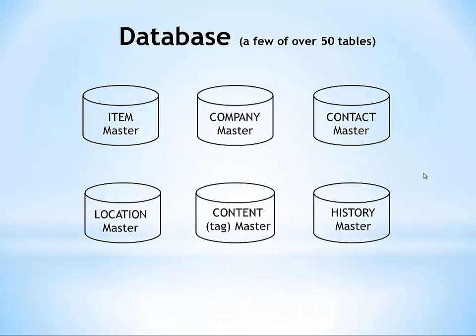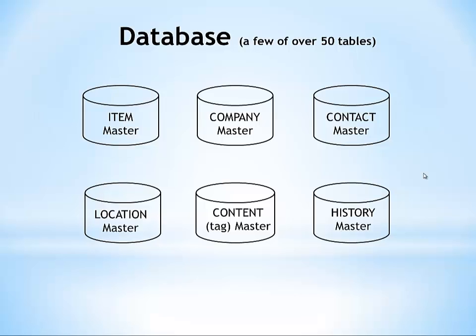Database, a third part of our system, is made up of many different tables. In our case, there are over 50 tables that are used in the tracking system. And I'll go over just a couple of them. Item master is if you have inventory or parts or you have assets, this is a master file where that information is set up.